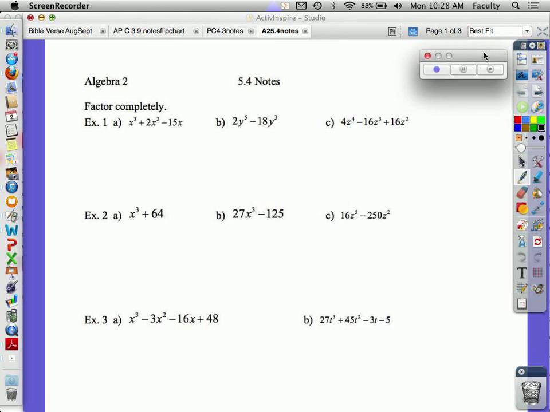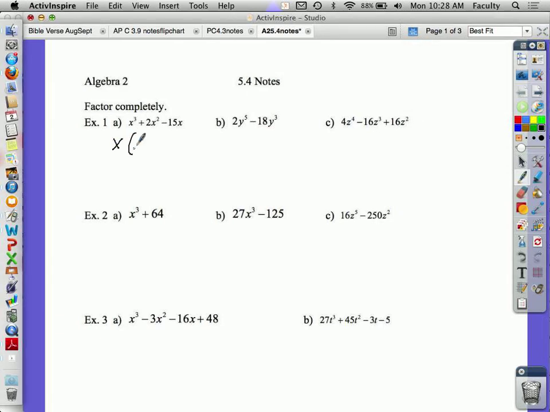In example 1, letter A, step 1, look for the GCF. There's a GCF. So you get x squared minus 2x minus 15.